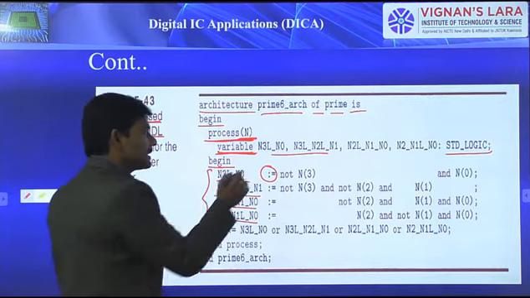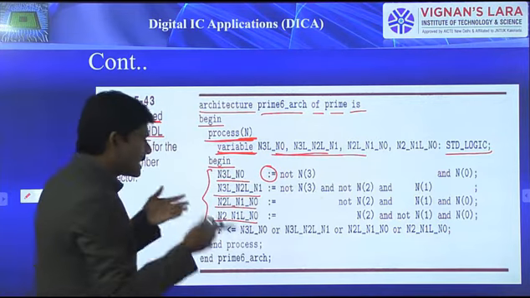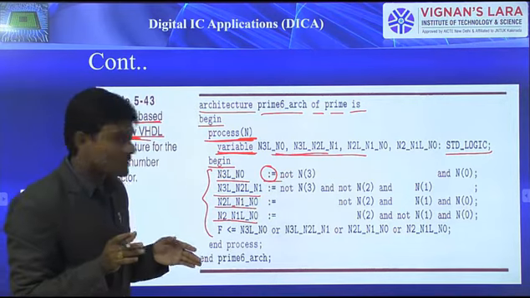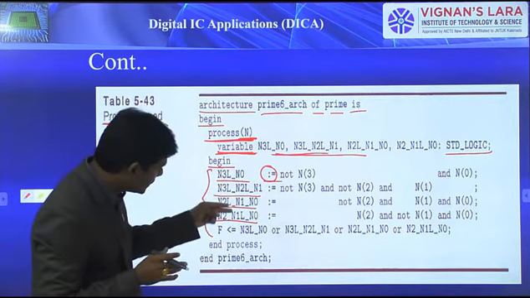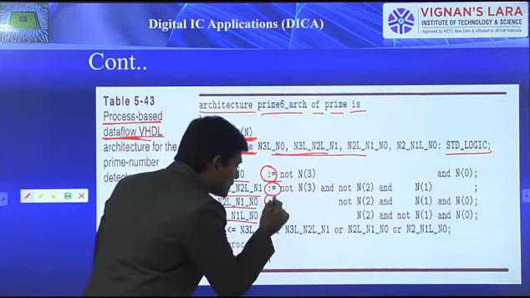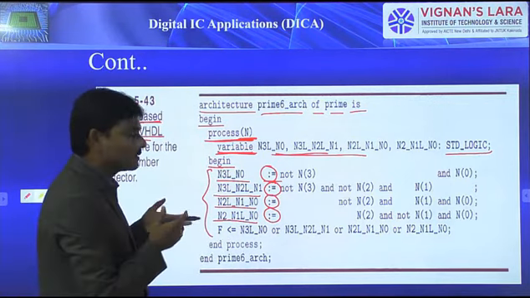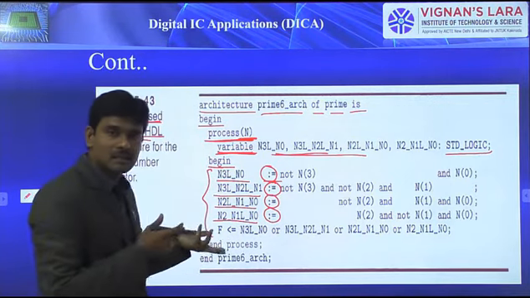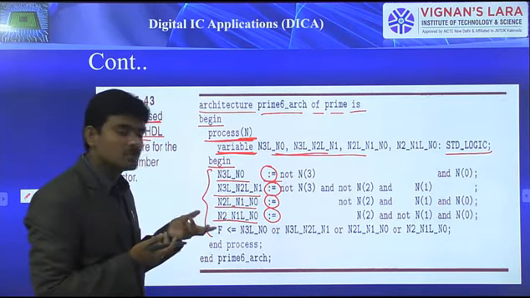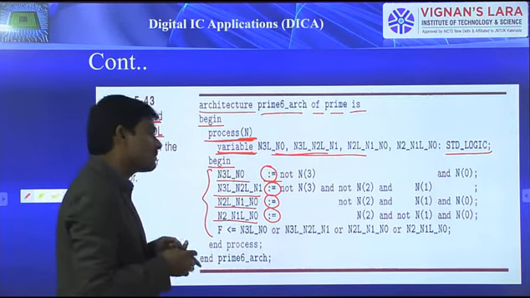Because all these are indicated as variables, while assigning values to them we should not use less than equals to, because all these four on the left hand side are variables. So the variable assigning operator is colon equals to. If these are signals, it means less than or equals to. If these are variables, it means colon equals to. That is the thumb rule you are supposed to remember.